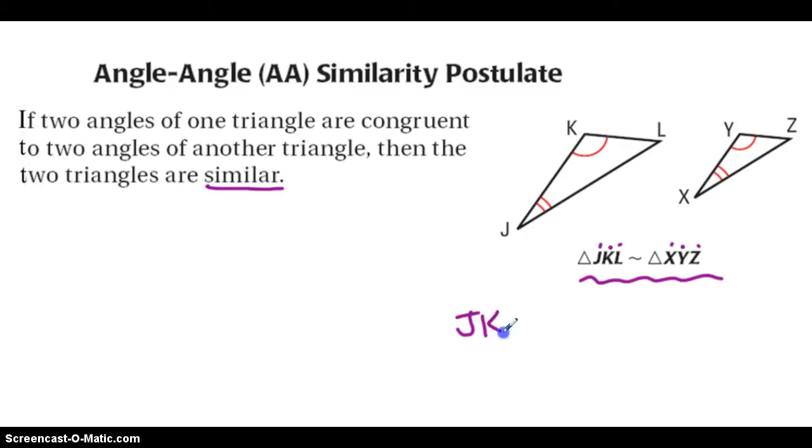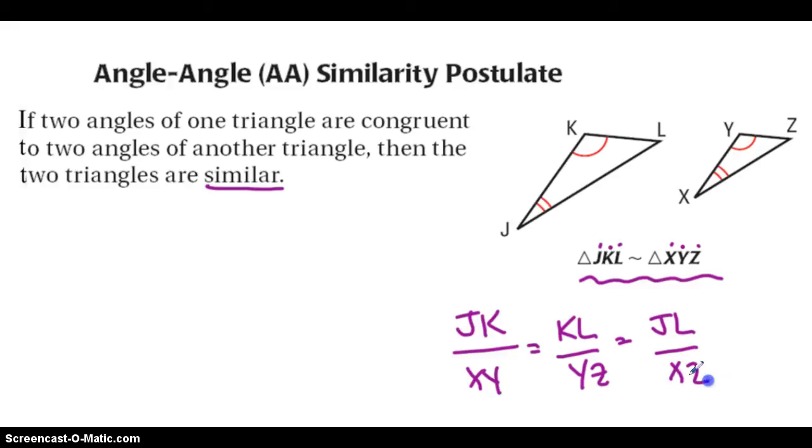The statement of proportionality would say that JK is to XY as KL is to YZ, as JL is to XZ. Okay? And I just write that as many times as I possibly can to get you in the habit of seeing that statement of proportionality, because we will be using it to solve for missing side lengths of triangles.